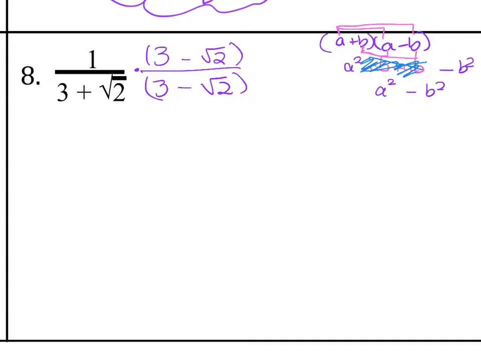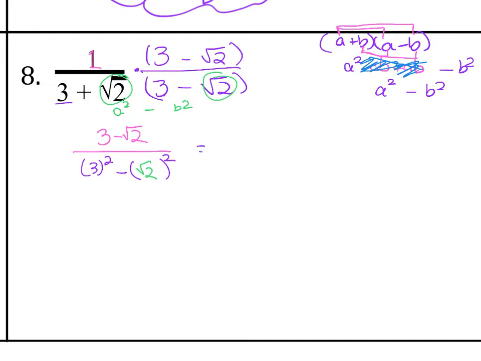All right, let's get back to this problem. Let's finish multiplying. What's nice is the numerator is just 1. So it's just 1 times 3, which is 3, times a negative root 2. Now what I said earlier, the denominator is just a squared minus b squared. So a is 3, squared, minus b squared. b is square root of 2, so square root of 2 squared.